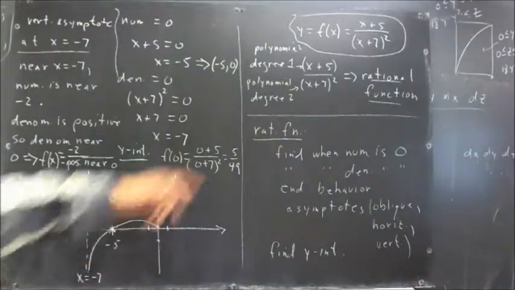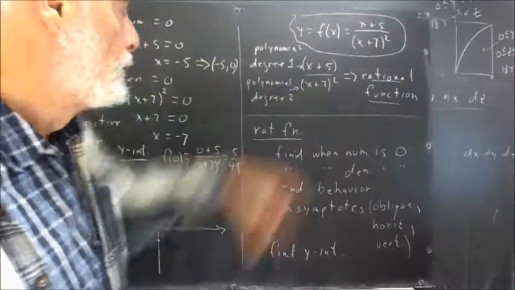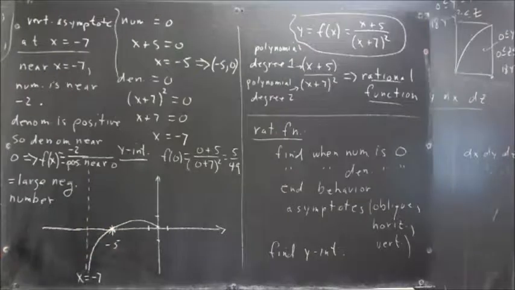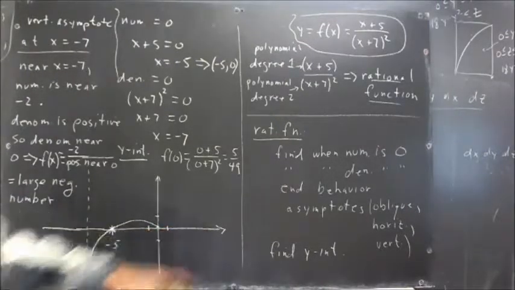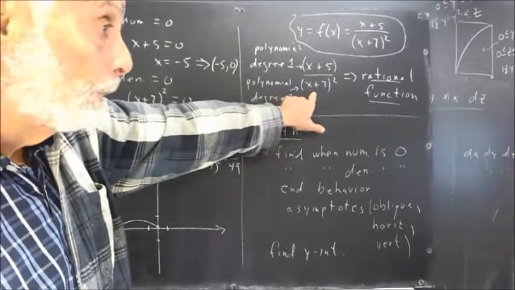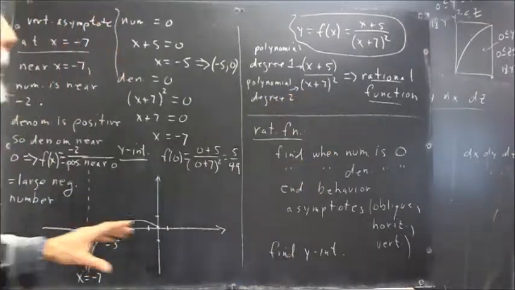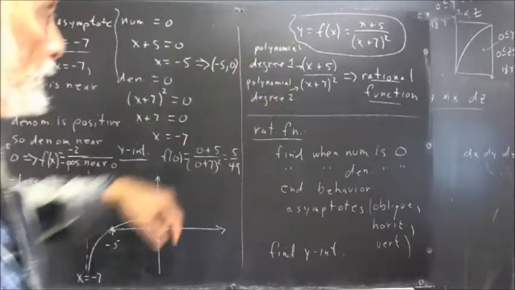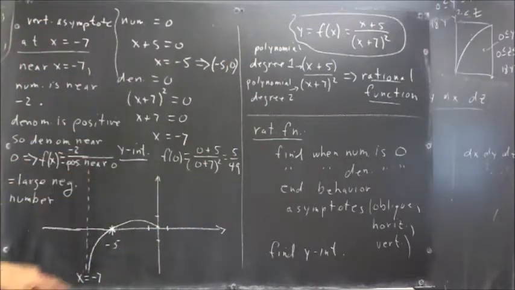Now the other thing is, when x is less than -5, on this side of -5, the numerator is negative. To the right of x equals -5, the numerator is positive. The denominator is always positive for any value for which the function is defined. It's not defined for x equals -7.